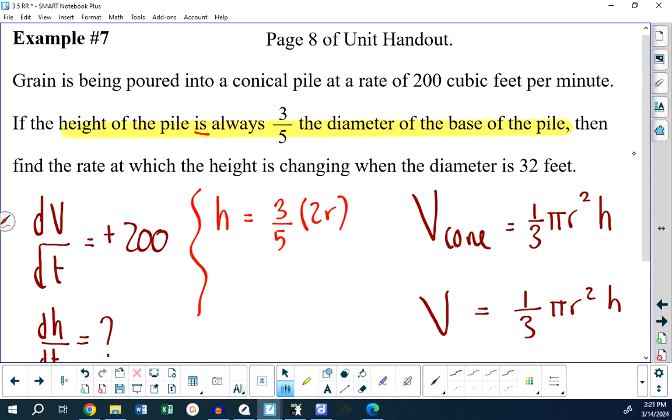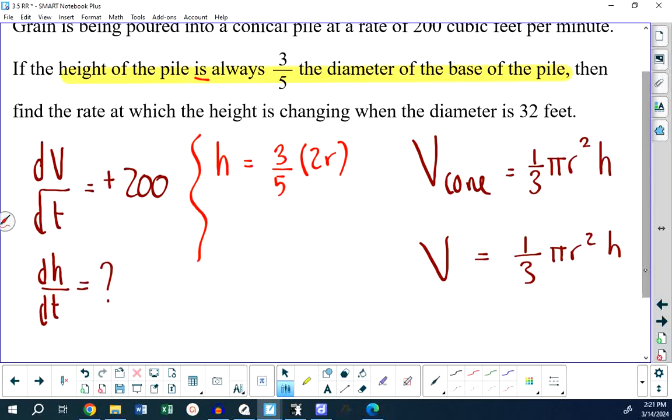And now I have to rearrange that for the variable I want to eliminate. And again, I want to eliminate r because I don't have an r in the formula. So I rearrange this and I get r is equal to, let's see, 5/6 h. And I hope we can agree on that.